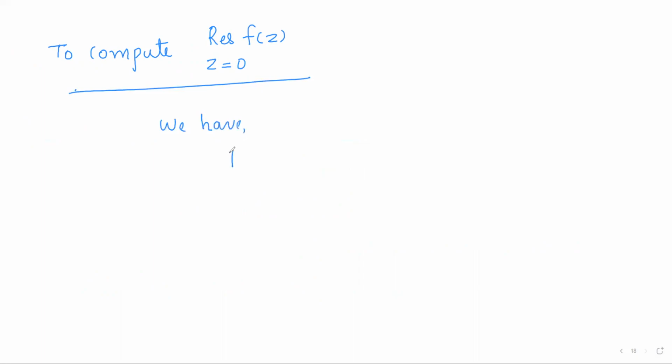So now to compute the residue of the function f of z at the pole z is equal to 0, the formula gives us residue of f of z at z is equal to 0 is z minus 0 into f of z at z is equal to 0, right?